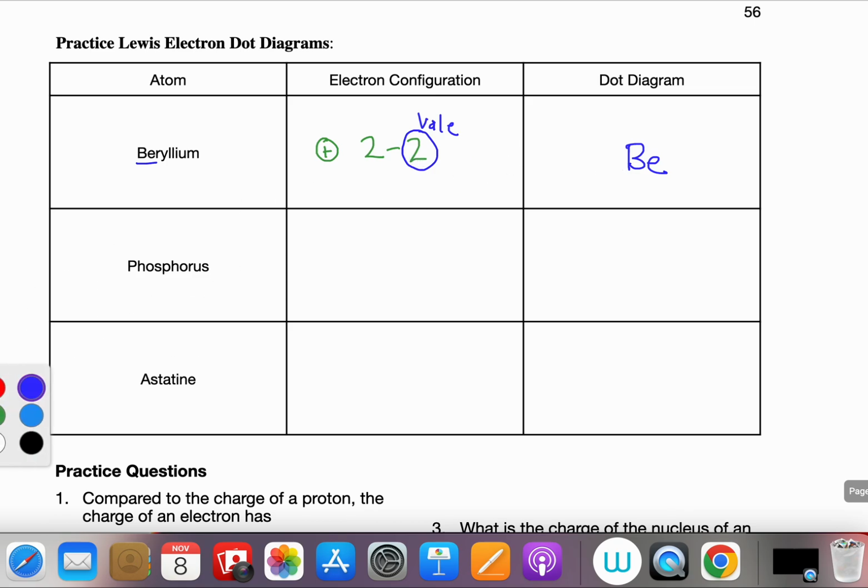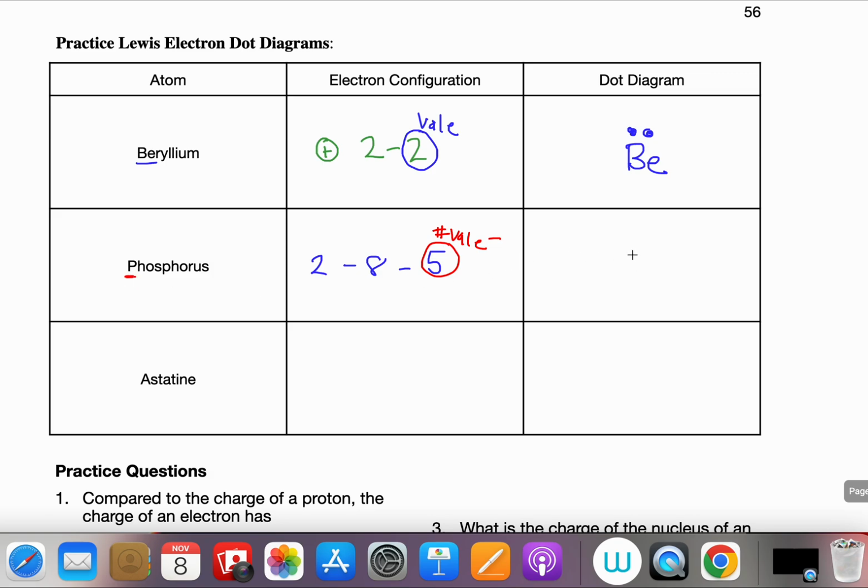So the first dot, electron 1, and then electron 2. That's all beryllium has. Now if we move on to phosphorus, and you find that on your periodic table, its configuration is 2-8-5. The 5 being the last digit in its electron configuration represents the number of valence electrons.